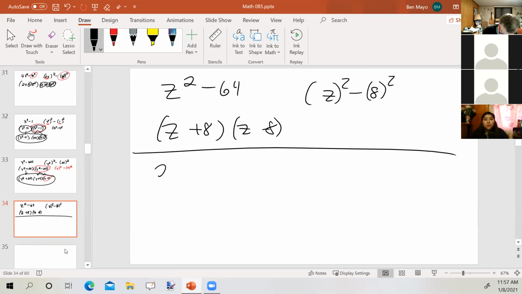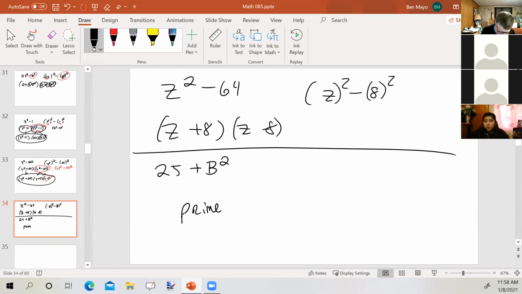How about this one? 25 plus B squared. Well, there's no greatest common factor. It's the sum of two squares, but we can't factor it, so that's prime. Looks like rhyme, but that's supposed to be a P there. Okay. There we go. Fix that up a little.